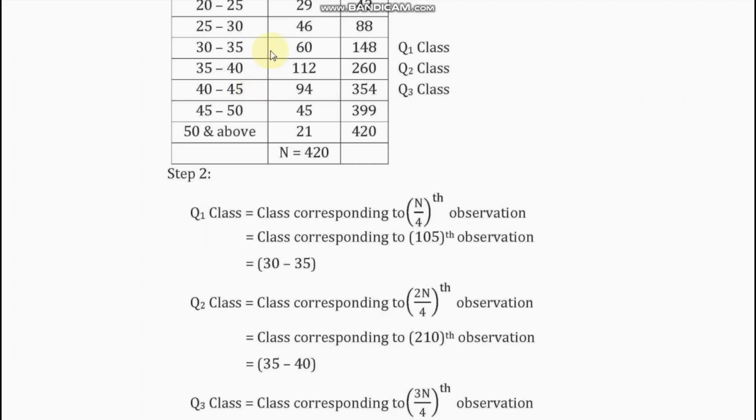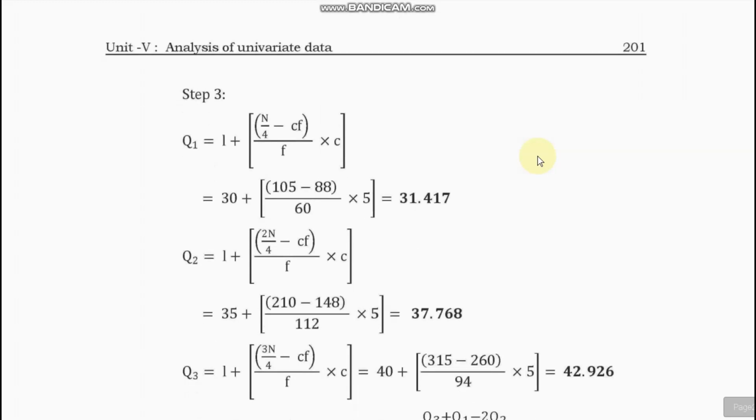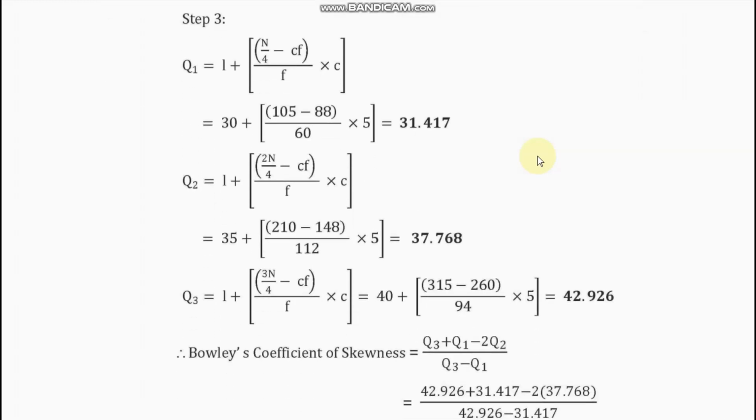Therefore 30 to 35 is the Q1 class, 35 to 40 is the Q2 class, and 40 to 45 is the Q3 class.